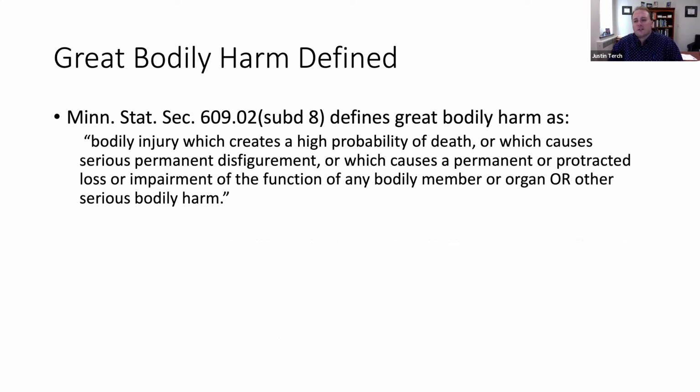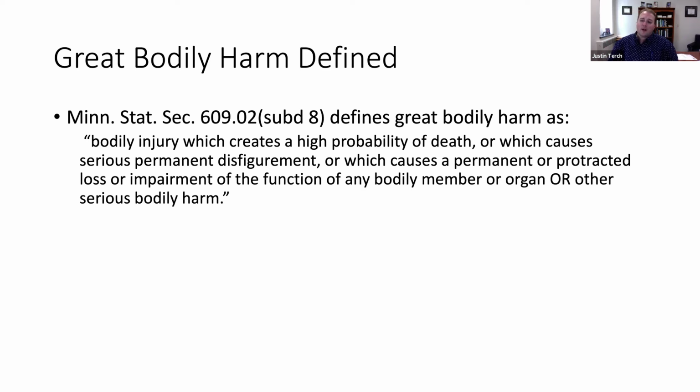So here's the definition of great bodily harm in Minnesota law. So it's bodily injury which creates a high probability of death or which causes serious permanent disfigurement. So not just permanent disfigurement, but serious permanent disfigurement, or which causes a permanent or protracted loss or impairment of the function of any bodily member or organ, or other serious bodily harm.